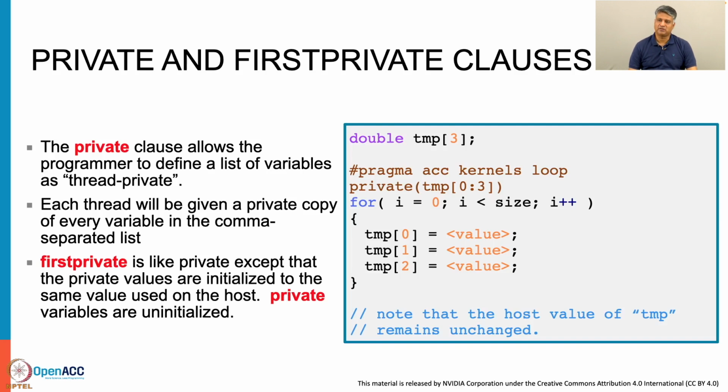The firstprivate clause is exactly like private, but the private values are initialized to the same value as that of the host. If you use a private clause, while each of the threads has its own copies of the variables, they are not initialized and remain uninitialized. Whereas firstprivate will initialize the values of these private variables to the same value as that of the host.